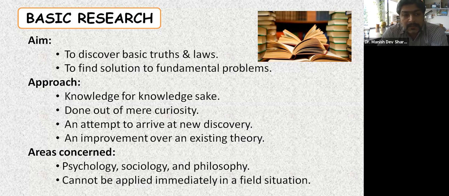What approach do we follow? We seek knowledge for knowledge's sake, done out of curiosity. It is basically an attempt to arrive at new discovery and improvement over existing theory.